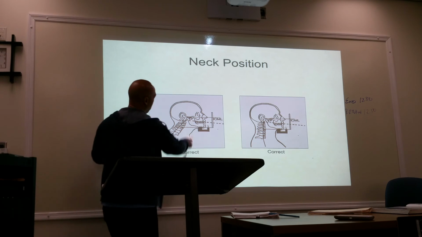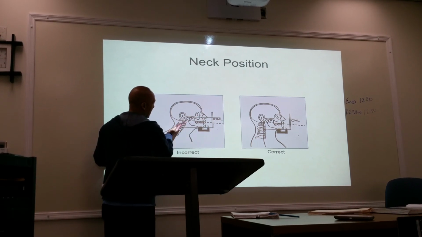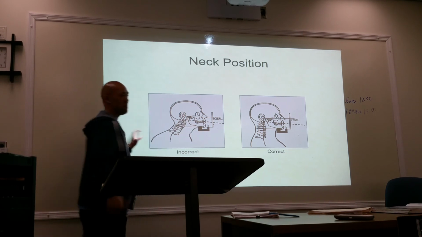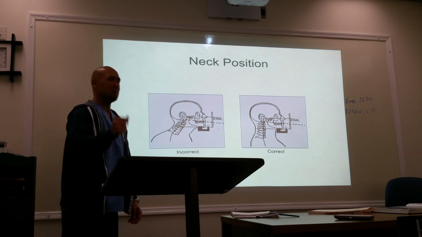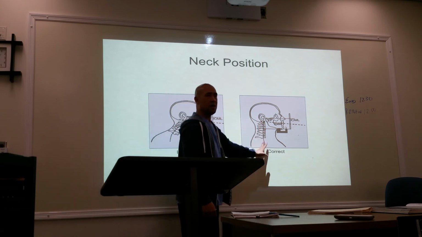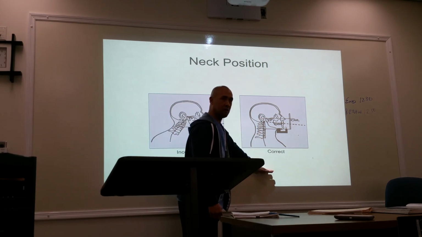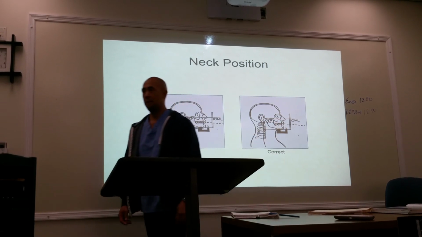Although the IOML is parallel with the floor here, the neck is not, and what can end up happening is you can change the angle of your jaw. Then parts of the other anatomy may be included in the image that you're trying to avoid. Did that make sense? So the spine must be properly aligned, perpendicular with the floor, and the IOML must be parallel with the floor.